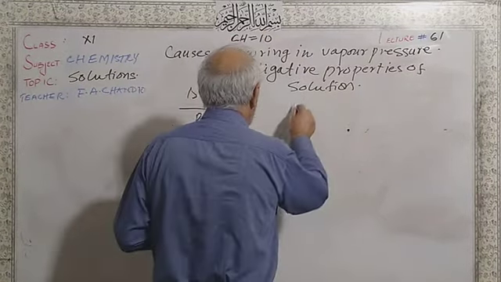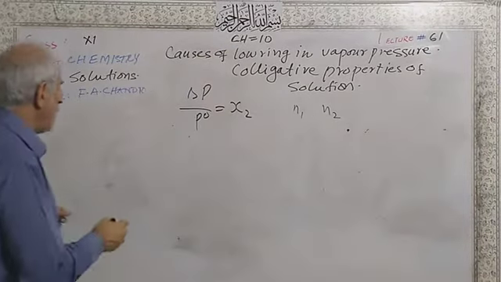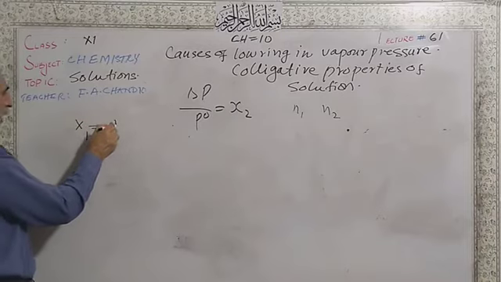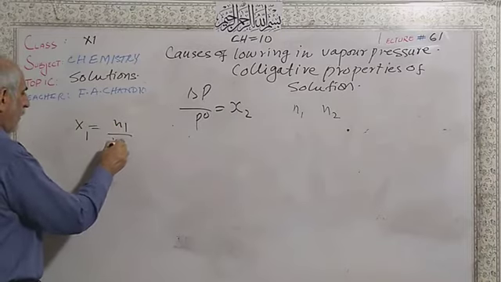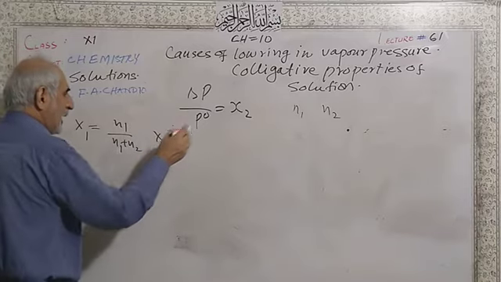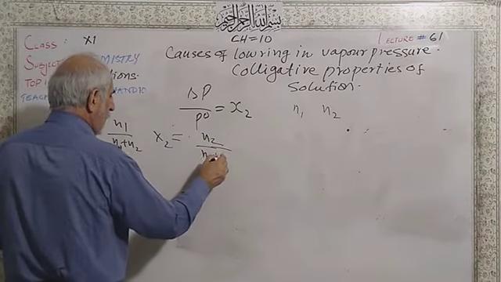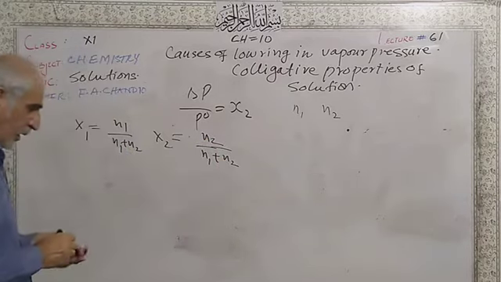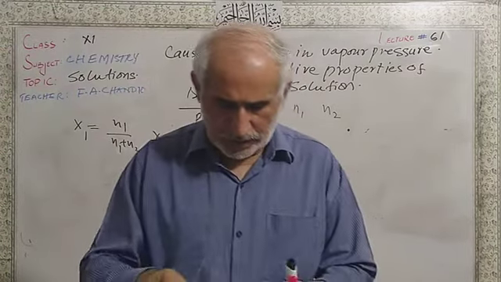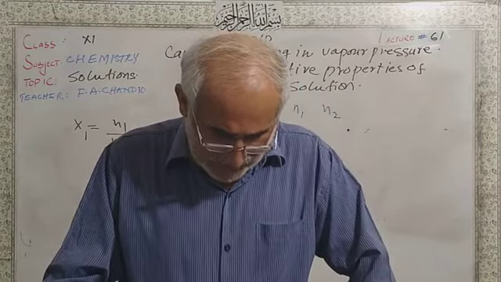If the number of moles of one is n1 and the number of moles of two is n2, then the mole fraction of one will be equal to n1 divided by n1 plus n2, and the mole fraction of the second one will be equal to n2 divided by n1 plus n2. So when you are going to calculate this, there is one thing you have to find, because this is the x2.